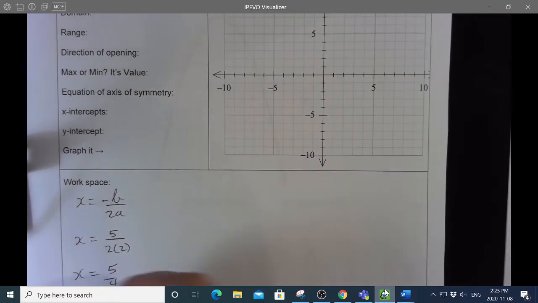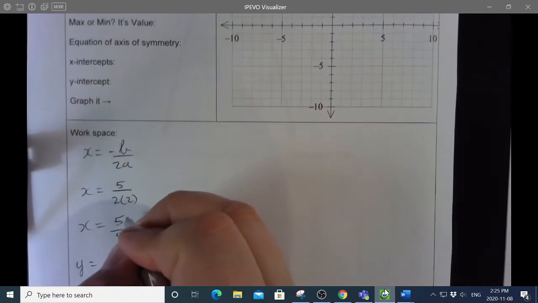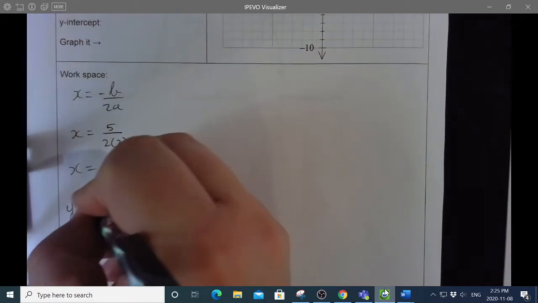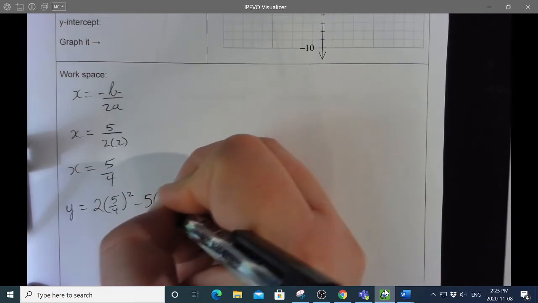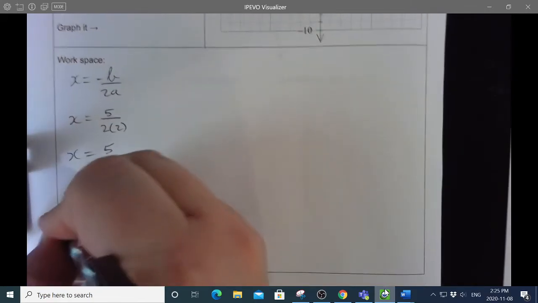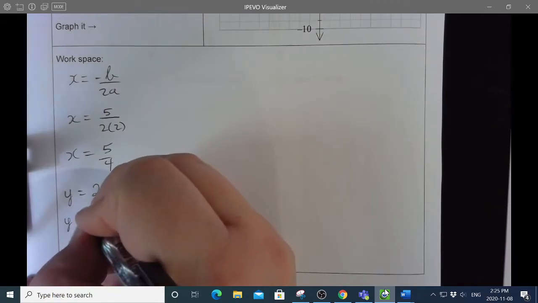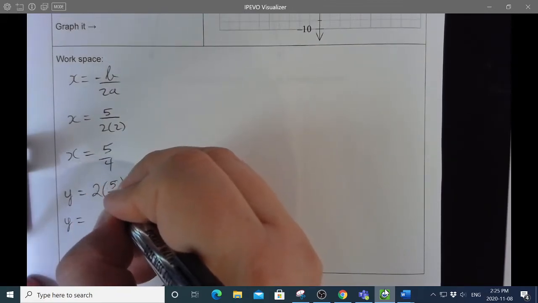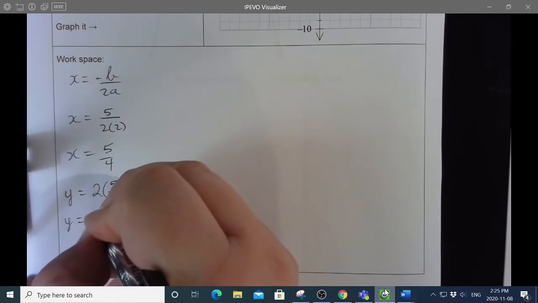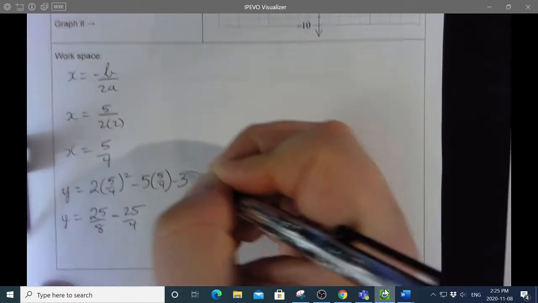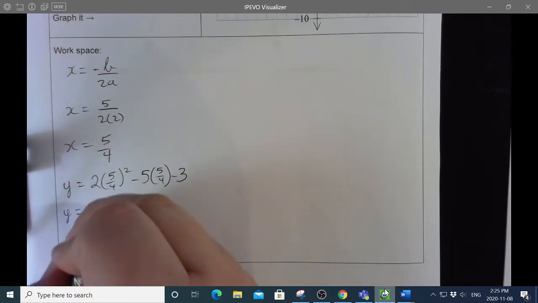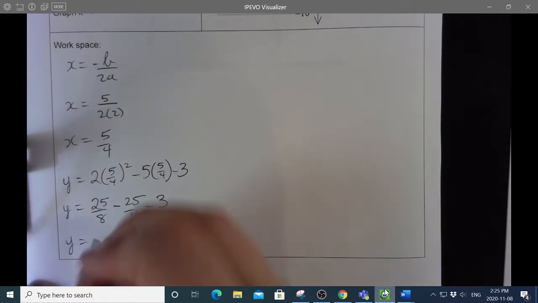My y-coordinate would be plug that into my equation, which is 2x squared minus 5x minus 3. Oh, goody, fraction work. So that's 2 times 25 over 16, which is 25 over 8, minus 25 over 4 minus 3. Well, the common denominator here is going to be 8.